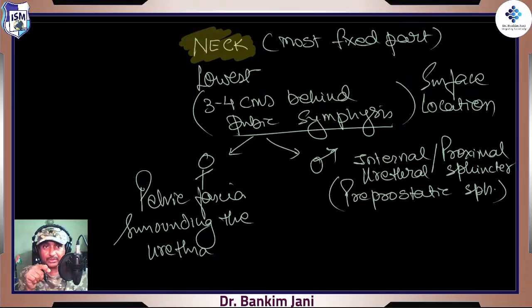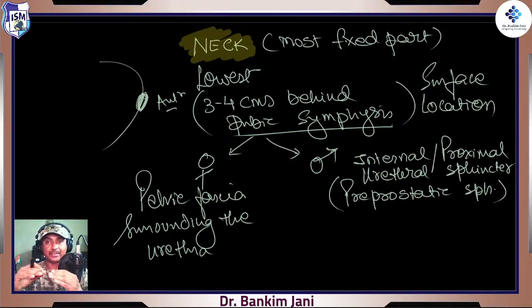Now we know this part on the top. Say this is the bladder, and that's the anterior part. If this is the pubic symphysis, when the bladder is extended, that is when the bladder is full, it will go up.